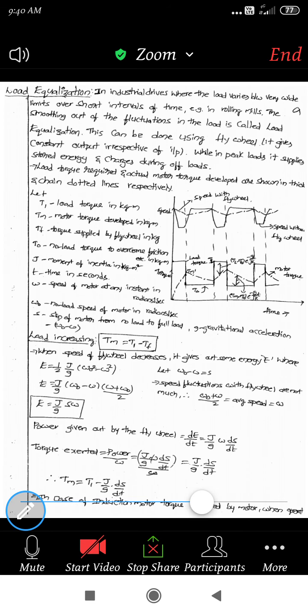In these rolling mills, smoothing out of the fluctuating load is called load equalization. Then the simple definition: the smoothing out of fluctuation. So without any fluctuation is called load equalization.